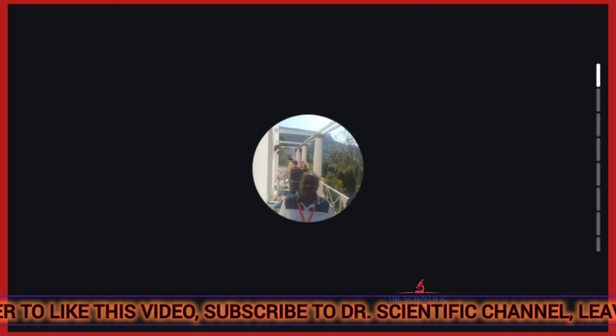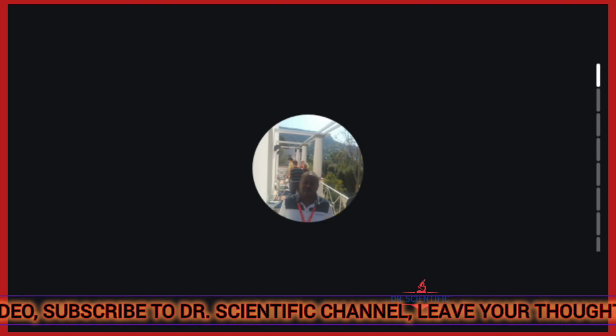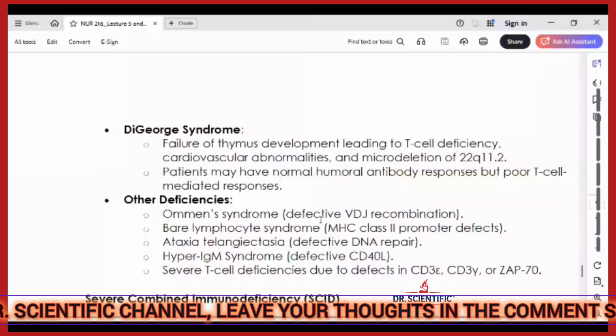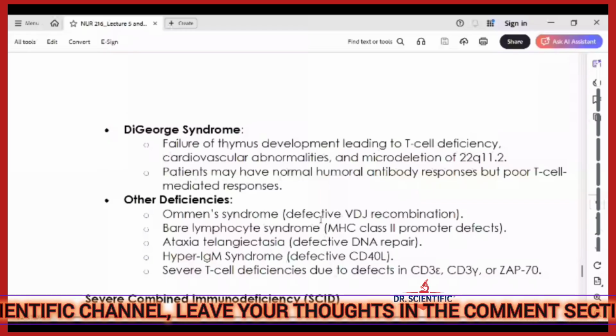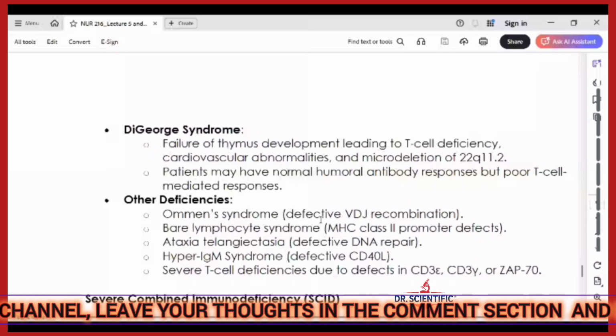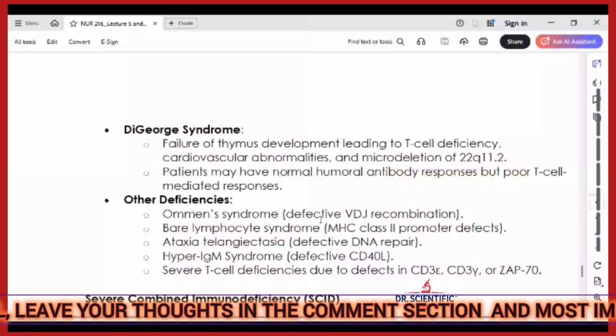We also have other deficiencies, which are of course related to the T cells. We have Omenn syndrome, which is a defect in VDJ recombination. Somebody was asking me in the previous class how class switching happens. We have non-homologous and homologous recombination that happens.